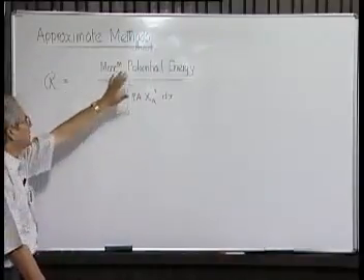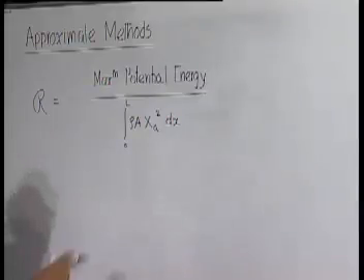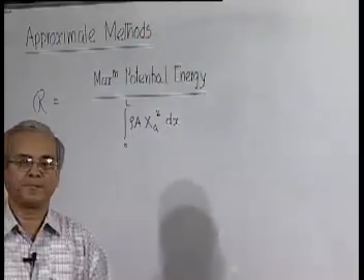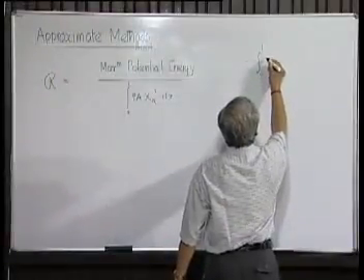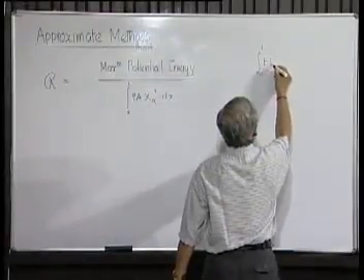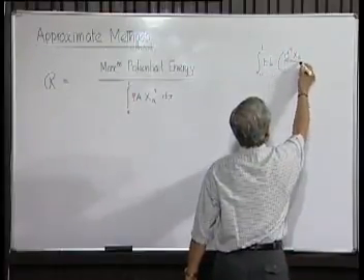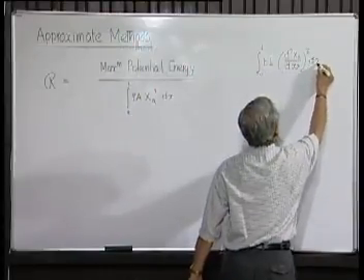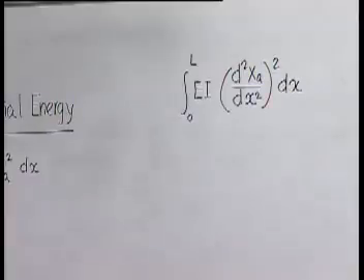So this is the Rayleigh's coefficient, and we treat Rayleigh's coefficient as the natural frequency omega square of that. And the maximum potential energy expression will depend on whether it is a transverse oscillation. In that case, it becomes, if it is longitudinal oscillation, then again its expression is different, we have seen.